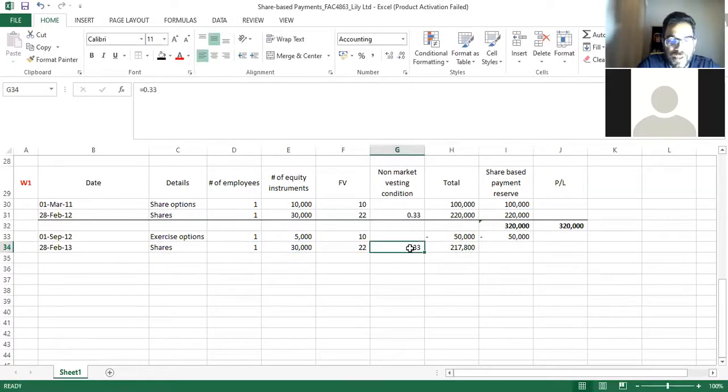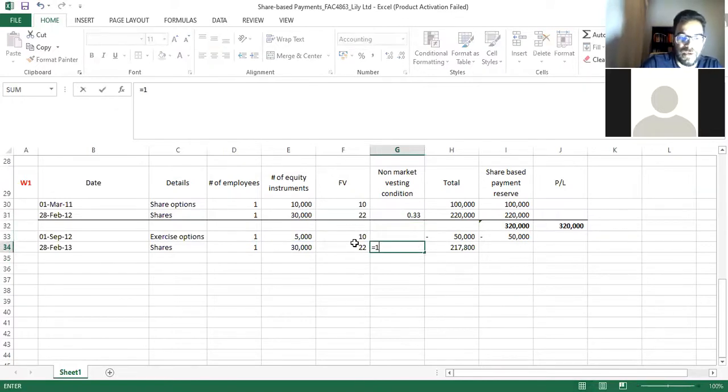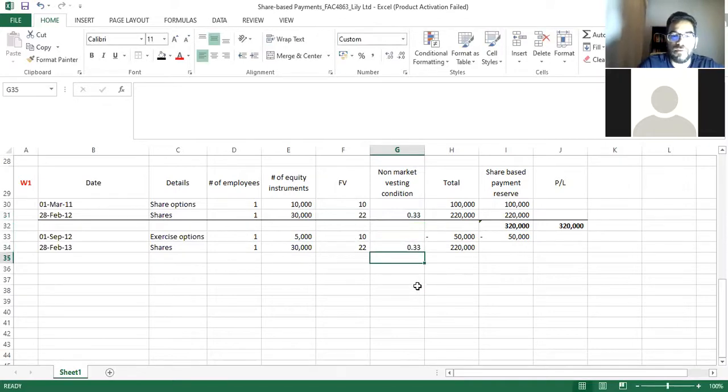Can you see what I'm doing differently over here? Go 1 divided by 3. Okay, so 1 divided by 3 to 20. So just have a look over here. There you go, 220, 220.